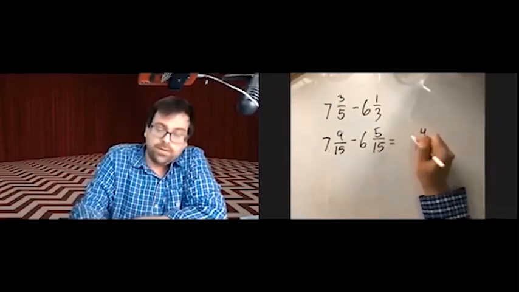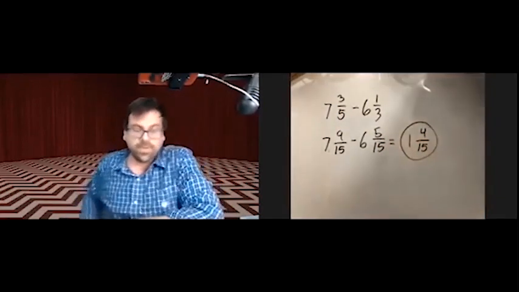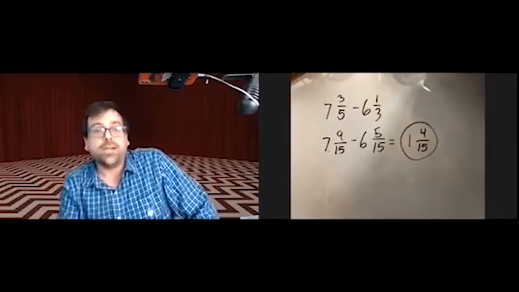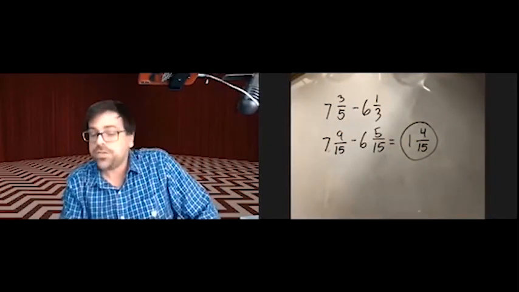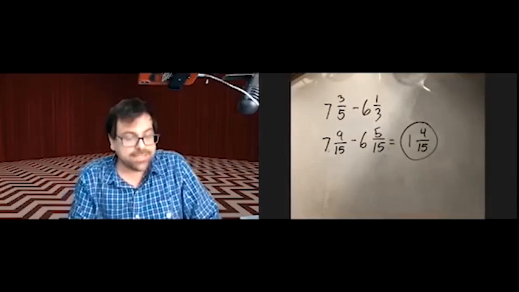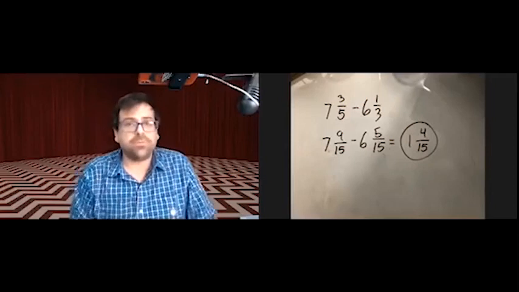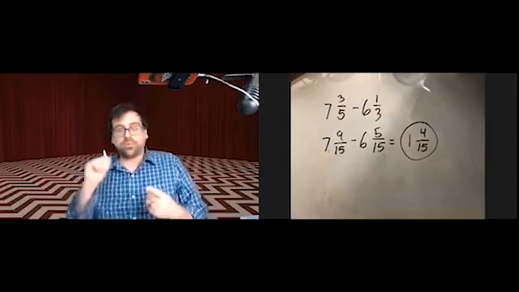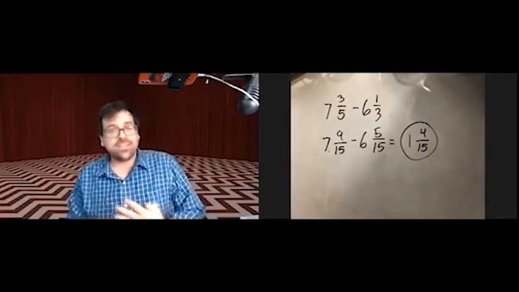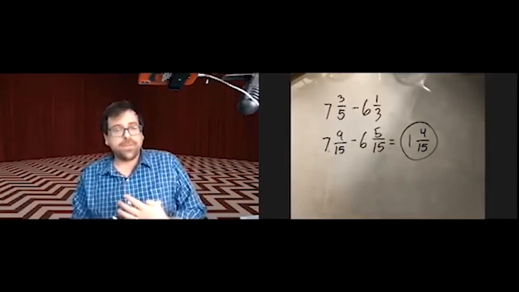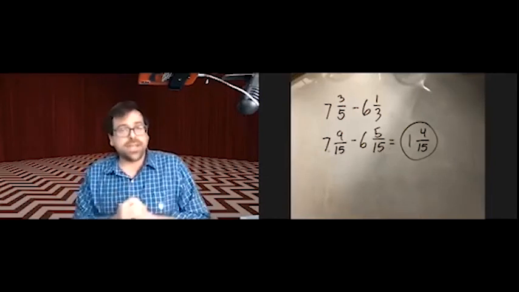There's no borrowing. So that actually was the easiest way here. So maybe the method we're learning is best for subtraction, unless we're going to use improper fractions for everything, which will work for multiplication, division, addition, and subtraction, but only has to be used for multiplication and division.